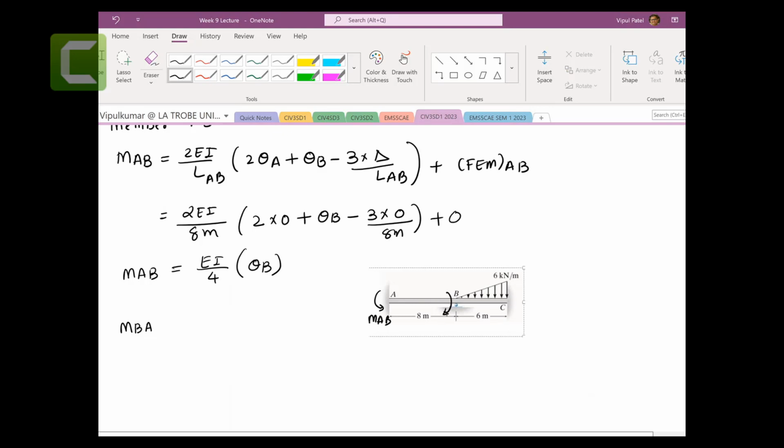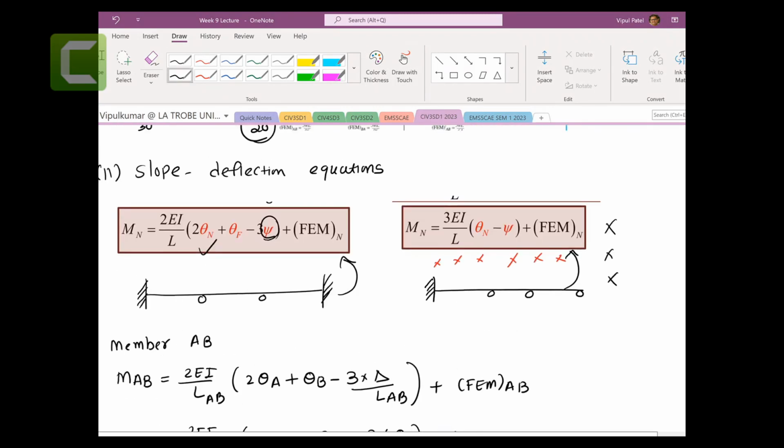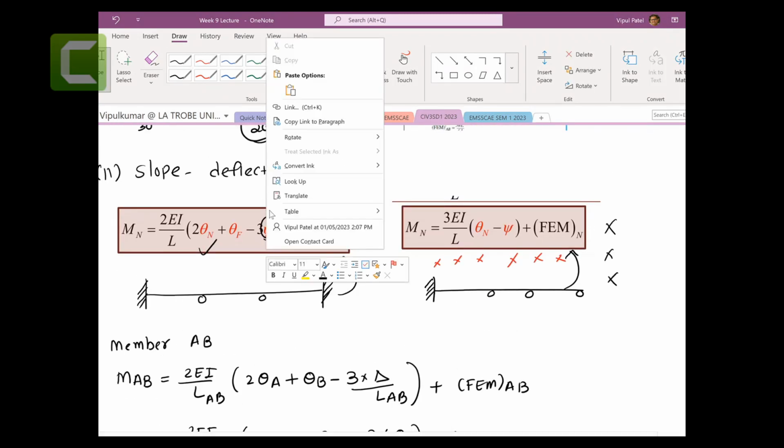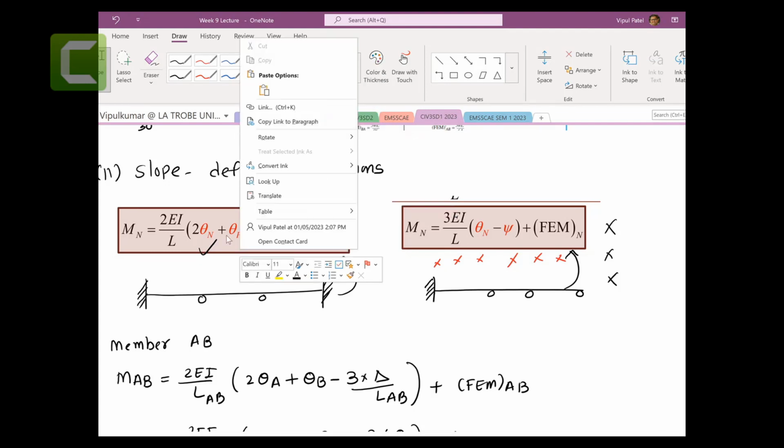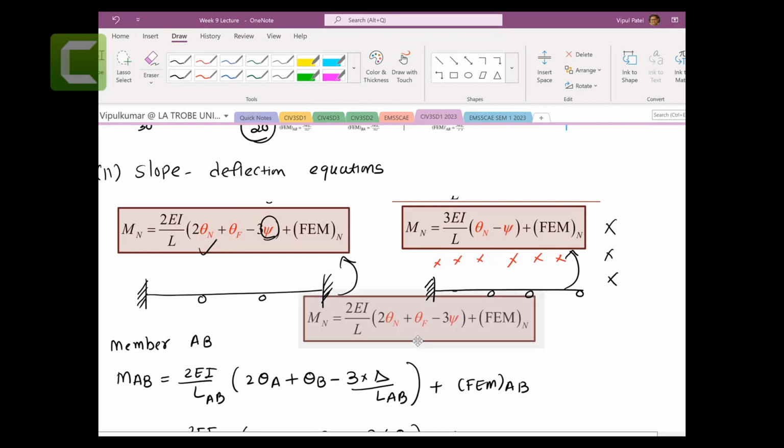Now, similarly, we're going to get MBA. I can use the same equation. Let me put this equation here as well.